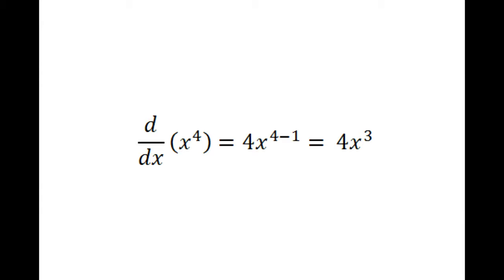So, yung una natin gagawin is ibababa natin yung exponent. Imumultiply natin siya dun sa x. Magiging siyang 4x. Tapos, magmaminus tayo ng 1 dun sa exponent. So, magiging siyang 4x raised to 4 minus 1. So, yung final answer natin is 4x cubed.